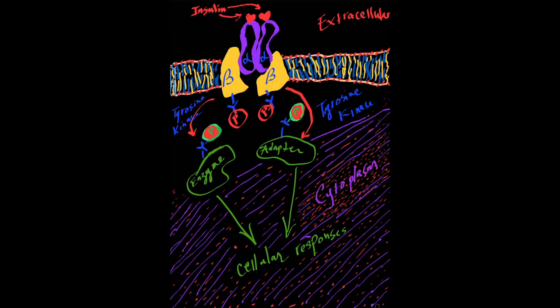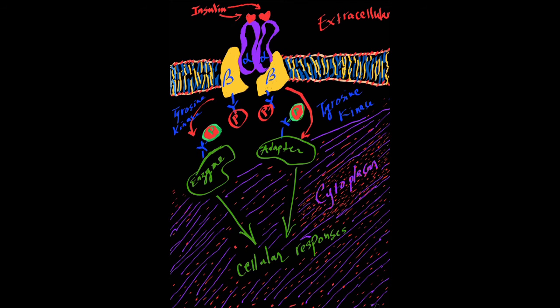I want you to appreciate that in that beta subunit shown here, this is again a polypeptide. There are several tyrosine residues, part of that polypeptide. They get phosphorylated by the intrinsic kinase activity of the receptor.